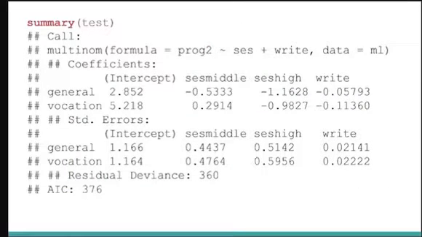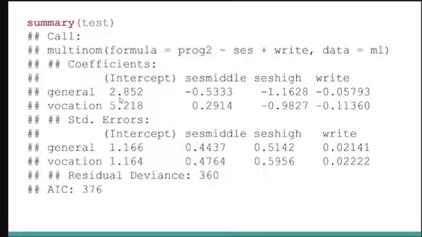The result is going to come in two different parts. I'm going to have the coefficients, where you're going to see the general and vocation. Why is academic missing here? Of course, the level of the response that is missing is the one that we referenced.